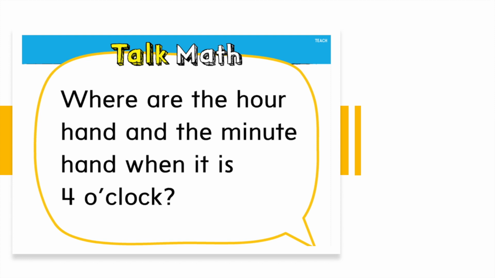Okay. Before we move on, let's go ahead and have a little talk. Where are the hour hand and the minute hand when it is 4 o'clock? So think about it. When the clock says 4 o'clock, where are the hour hand and the minute hand?